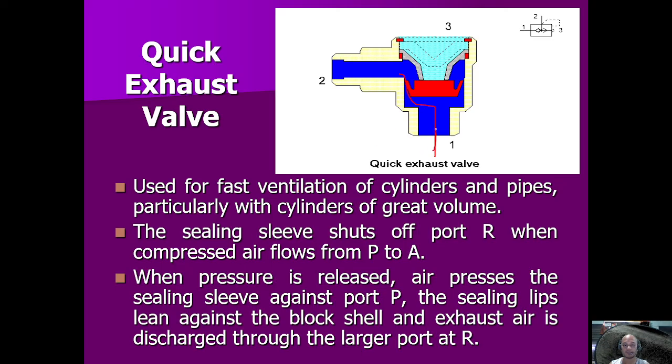So if there is pressure, 1 goes to 2, and this red one will close the exhaust. But if there is no more pressure from the 1, this valve will go down, and then pressure from 2 will relieve to 3.